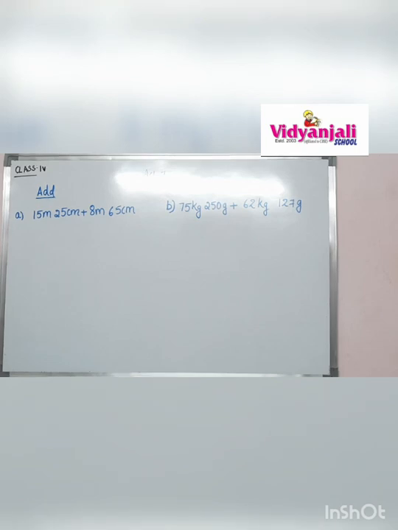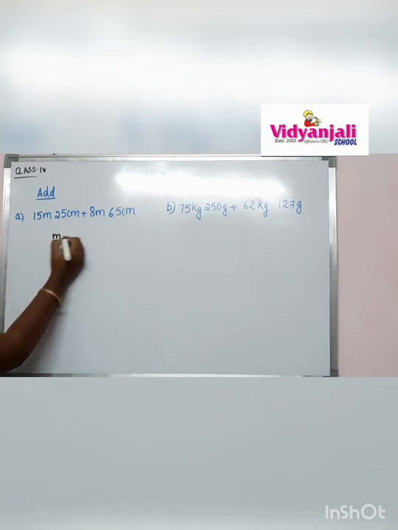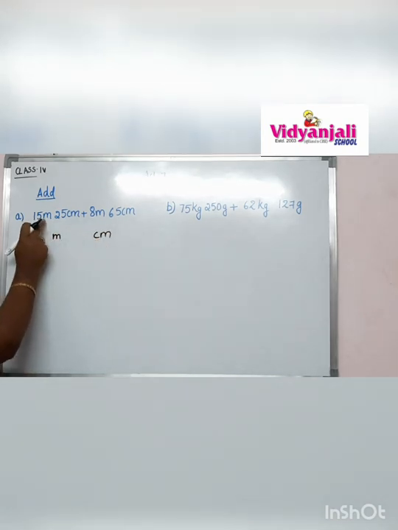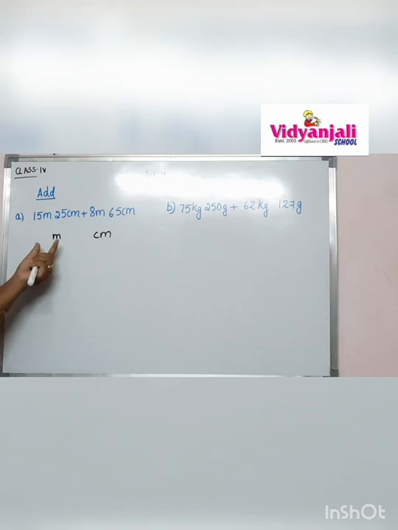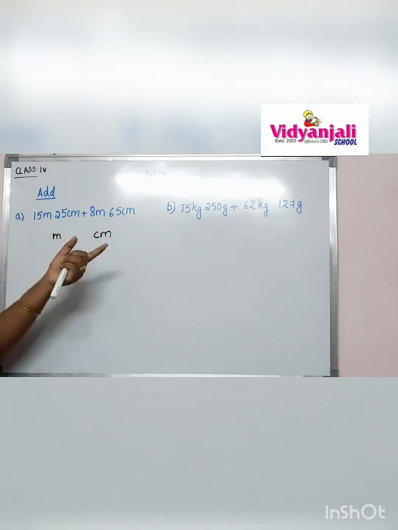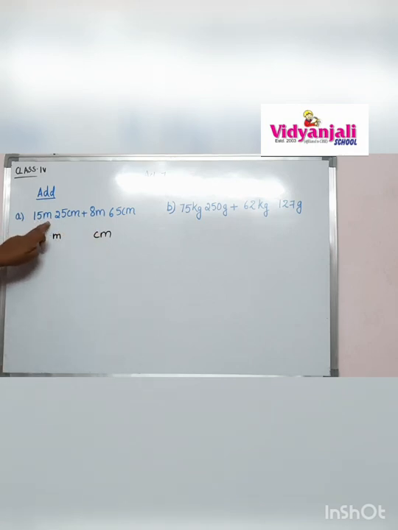They have given us the sum 15 meters 25 centimeters plus 8 meters 65 centimeters. If you observe this, children, they have given us the units meters and centimeters. So you must aggregate them, meters on one side and centimeters on the other. Below that you write the numbers given.